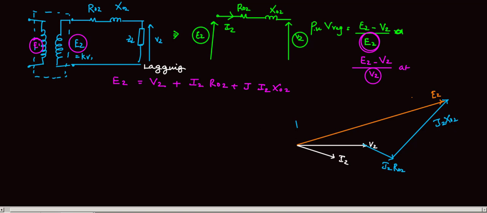So this is the phasor diagram, and this is the load power factor angle phi.